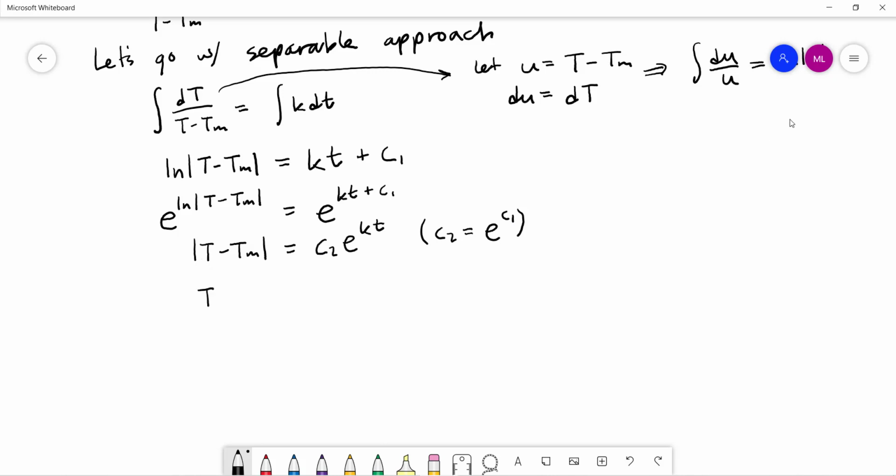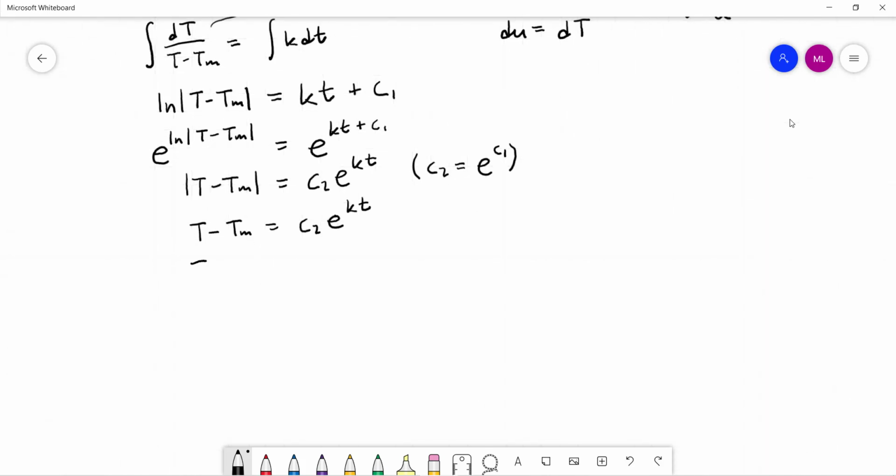We wind up with t minus tm equals c2 e to the kt. And the last thing that we do is add tm to both sides to wind up with t equals tm plus c2 e to the kt. And so that is what our equation winds up looking like. This is the solution.